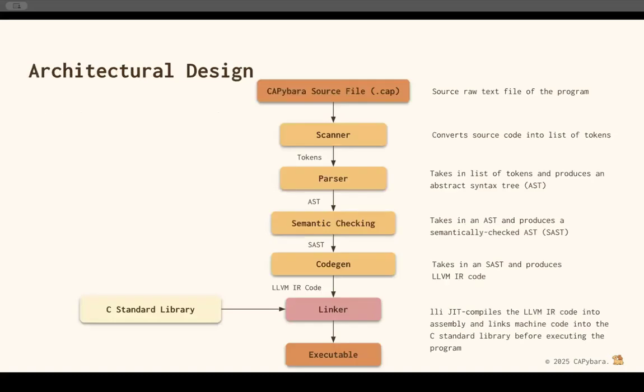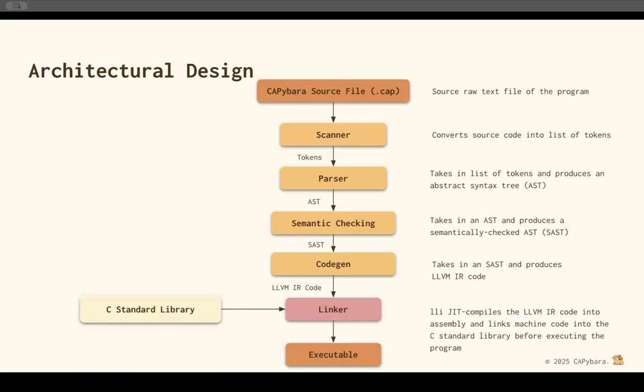So just to take a 1,000 mile view from the top, we have the traditional 5 layer pass of a compiler.